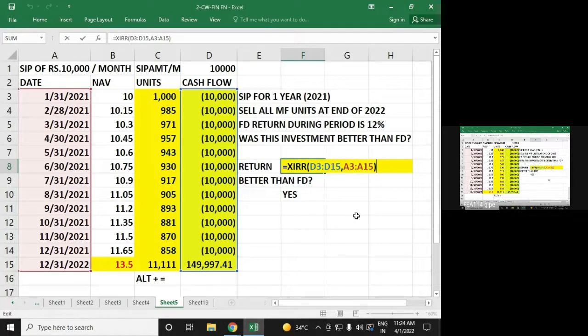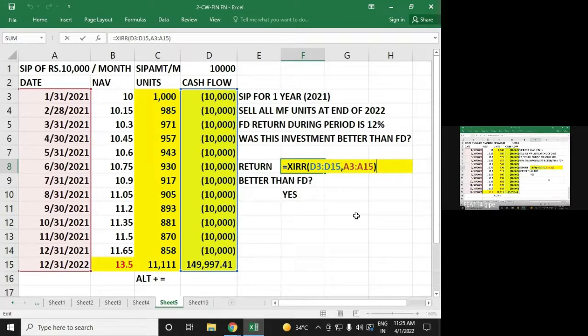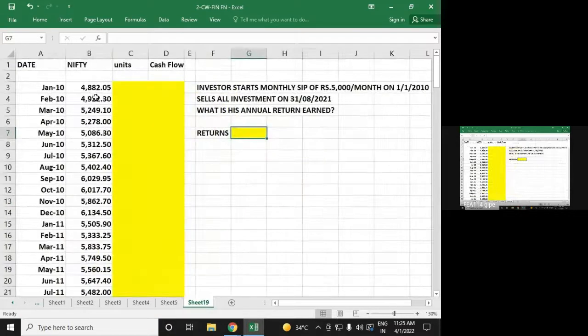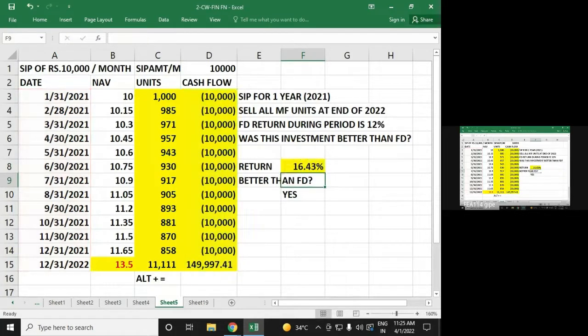Okay, everybody check. Online students, have you got the same numbers? Yes, sir. Perfect. So, as practice, I have given another example which you can try later. What I have done here is, I have collected Nifty's monthly closing price. Okay.